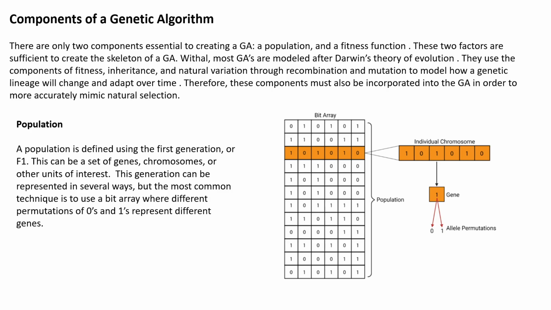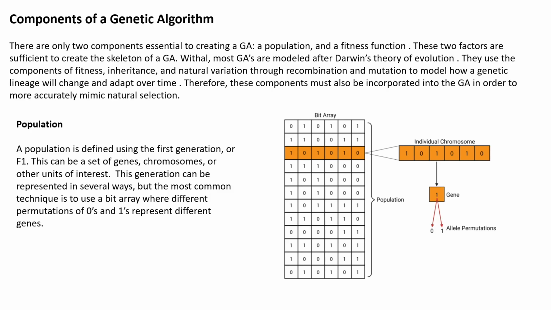This can be a set of genes, chromosomes, or other units of interest. This is for example purposes, but this representation is actually very vital for generating these algorithms, because depending on your question, your representation may change. For example, you may have other types of layering inside it.